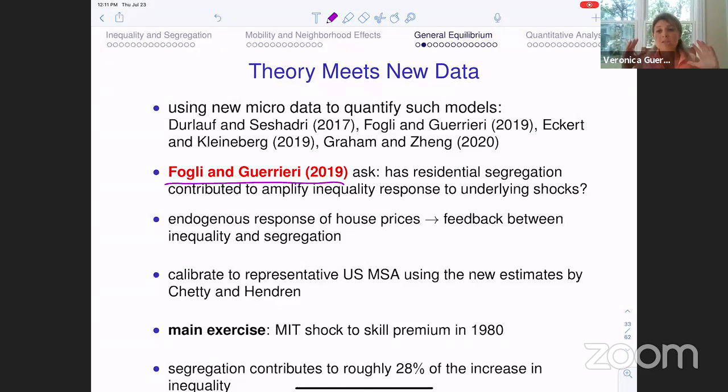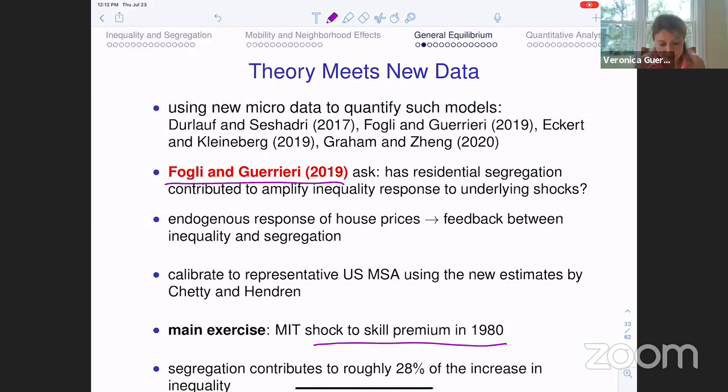So we are going to assume that this is the main shock, and say, okay, if in 1980 there was an increase in the skill premium due to the type of technological progress that we have experienced, how much inequality and segregation do we get in response to this shock? Then we can use the model to run counterfactuals and tell us how much of this increase in inequality can be attributed purely to this amplification mechanism coming from the segregation effect.